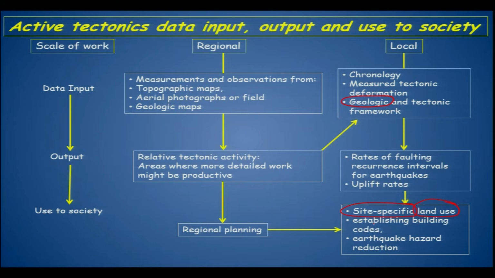Based on that, you will be able to talk about what will be the effect on this particular site, and based on that the structural engineers can go for establishing the building codes. Okay, and the ultimate goal is hazard reduction. So this is the ultimate goal of the whole exercise.